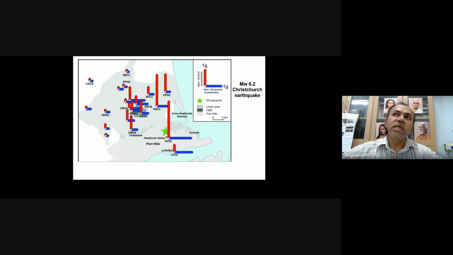Similarly, in New Zealand, the magnitude 6.2 Christchurch earthquake: the magnitude is very small, but at most of the stations the peak ground acceleration was around 1.5 times gravity. Even the vertical components were higher than the horizontal. Generally in our design we consider only horizontal earthquake motion and neglect vertical, but here the vertical is also higher than the horizontal.